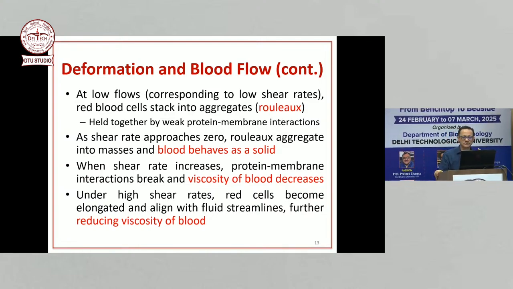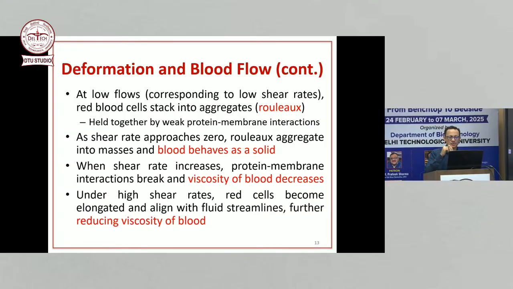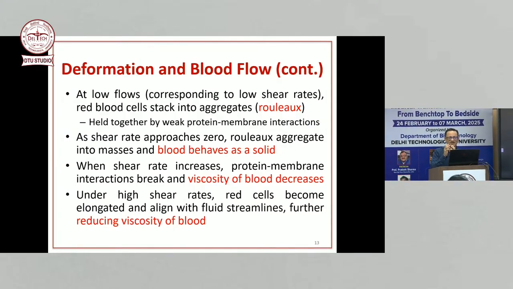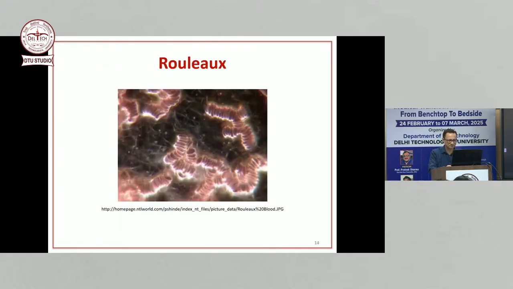As shear rate approaches zero, rouleau aggregate into masses and start behaving like a solid. But as the shear rate increases, protein membrane interactions break and the viscosity of the blood decreases and the flow becomes fine again. So there is this concept of rouleau also.